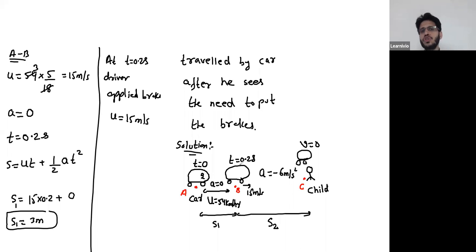In between 0 to 0.2, there is no acceleration, so the velocity will not change. So what about the acceleration now? Sania, after 0.2 seconds, what is the acceleration of the car? Minus 6. And what about the final velocity?